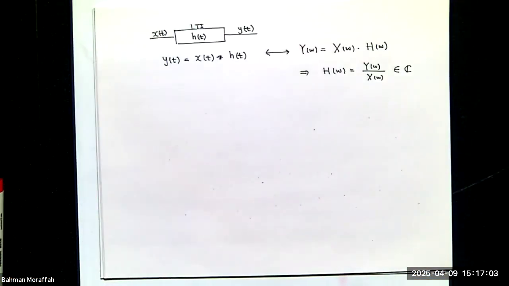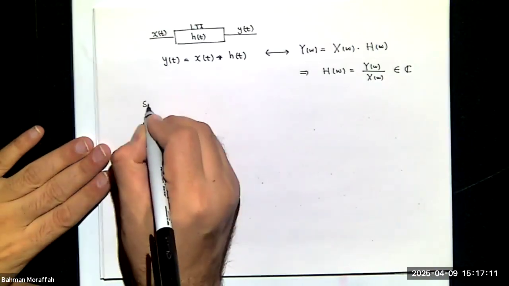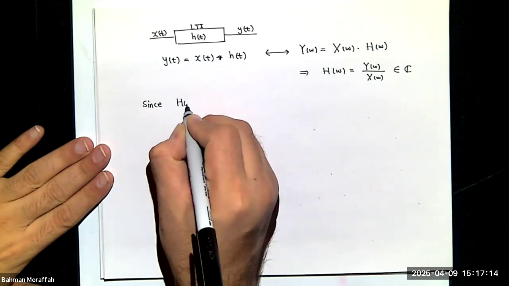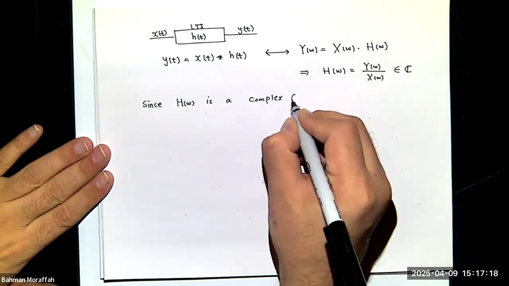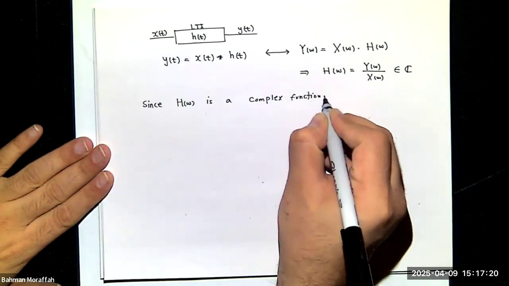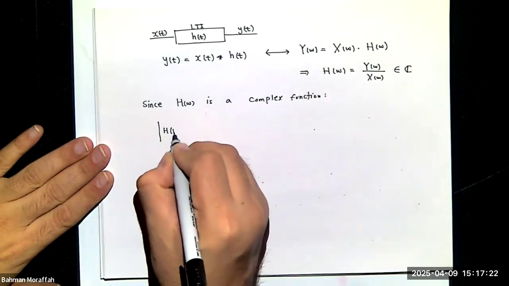If it's a complex number, what is the magnitude of this? Since H of omega is a complex function, what is the magnitude of H of omega?